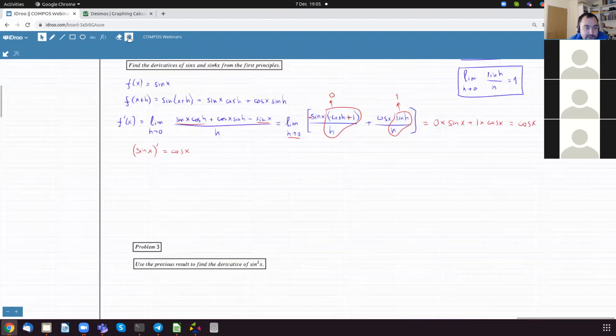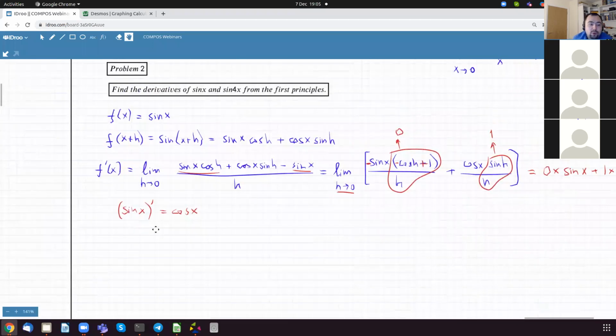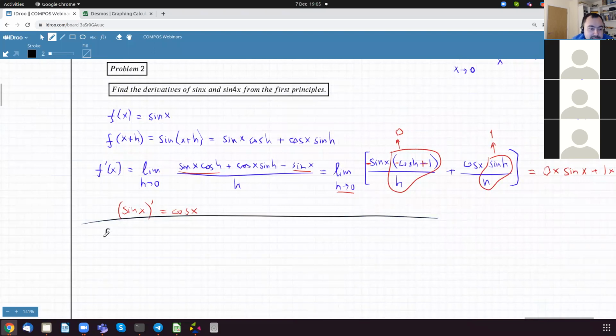So in a similar fashion, we can find the derivative of sine 4x from first principles. So we're going to write down that f of x is equal to sine 4x. Then f of x plus h is sine of 4x plus 4h.